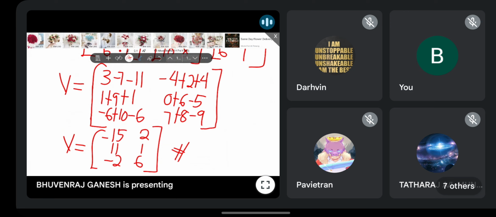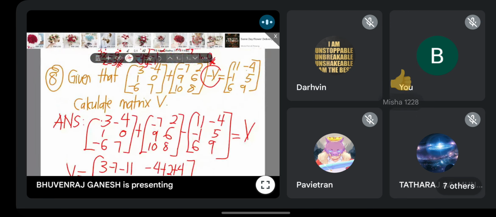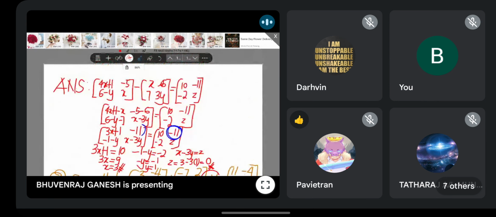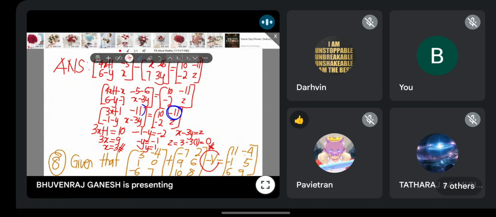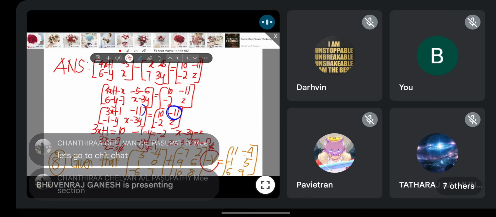Guys, are you all clear with the question here, how to solve for the last one? Officially, we ended the addition and subtraction over here through the revision. These are the possible questions you can see in the exam, solving like this. Maybe paper 1, maybe paper 2, we don't know. Not yet, still got time.